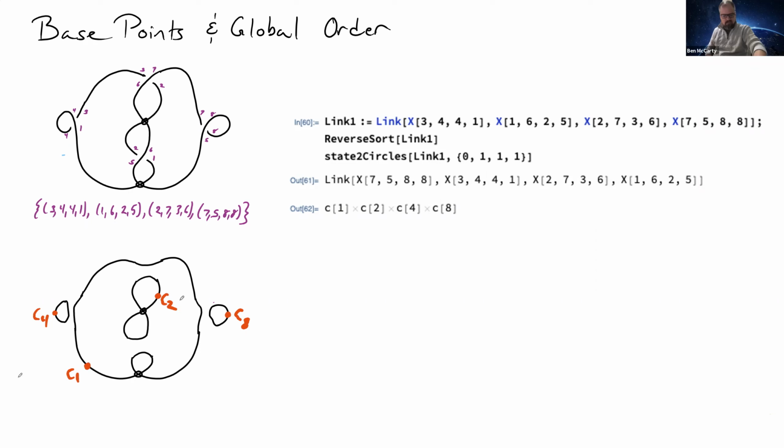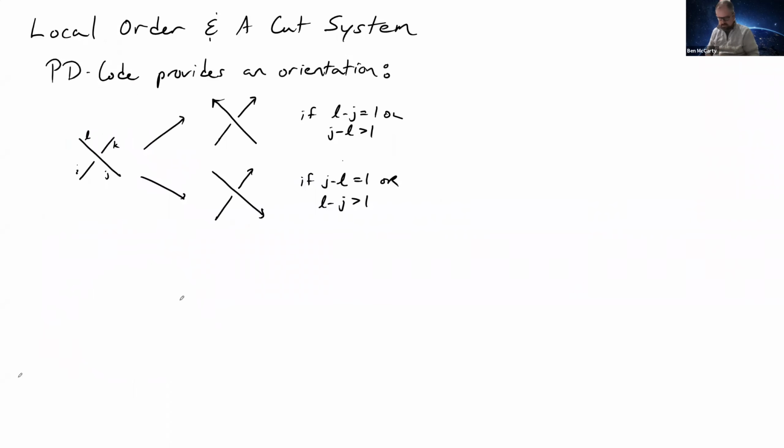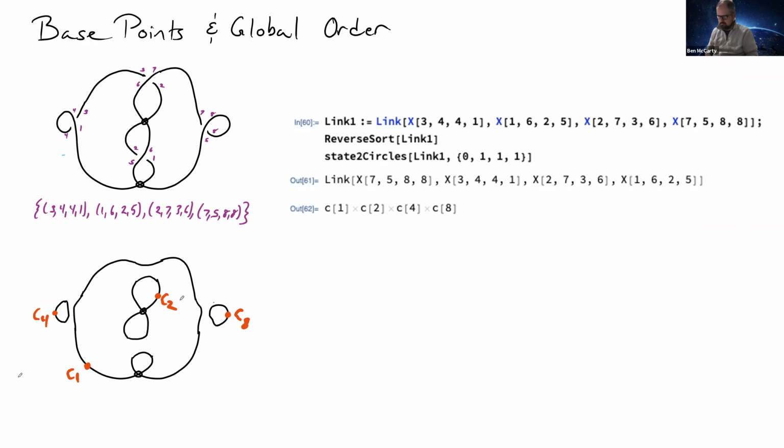If you notice, the circle labels, the names of the circles, 1, 2, 4, and 8, skip over some numbers. But as far as determining a global order, I don't care that numbers are skipped.